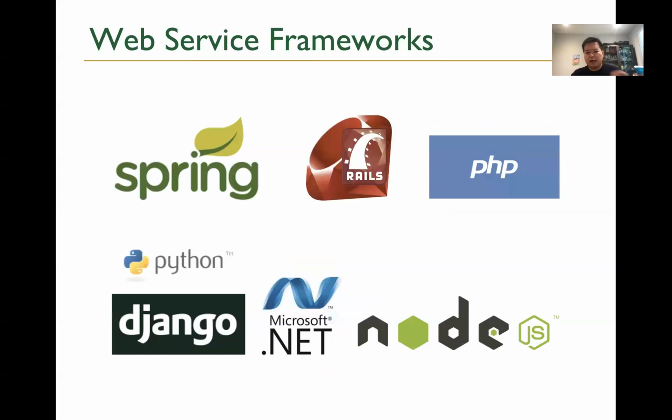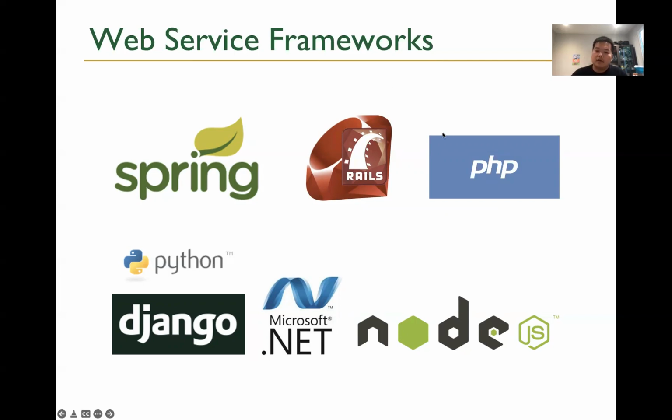So that's why you might have heard of these different names. For example, in Java, if you want to build a web service, you will need to use a program called Java Spring. It is a framework. It's still written in Java, but Java Spring has already built all the functionality for you to interact with the internet, understand HTTP, and send and receive HTTP requests.